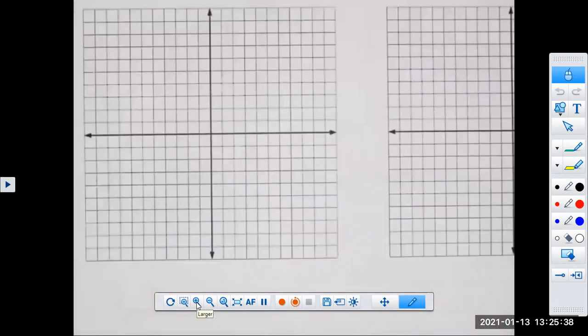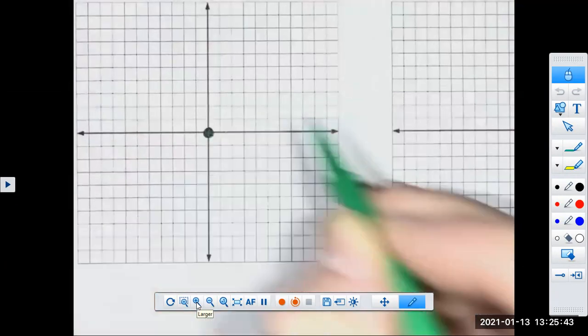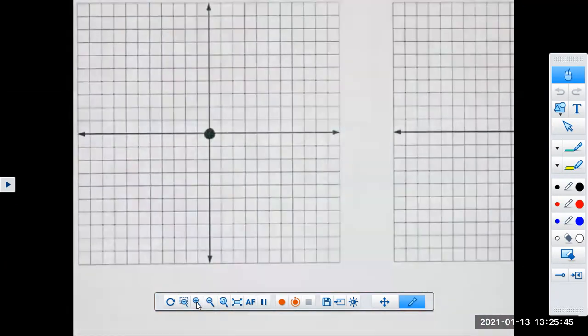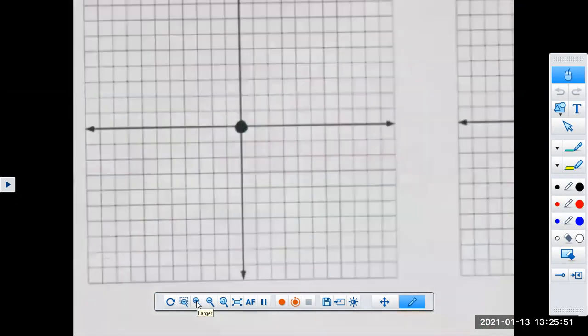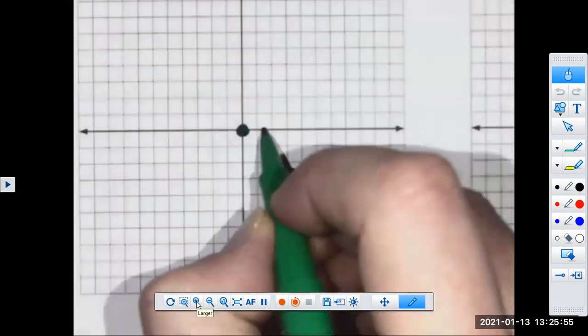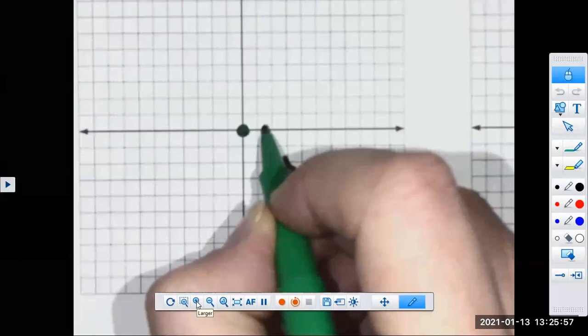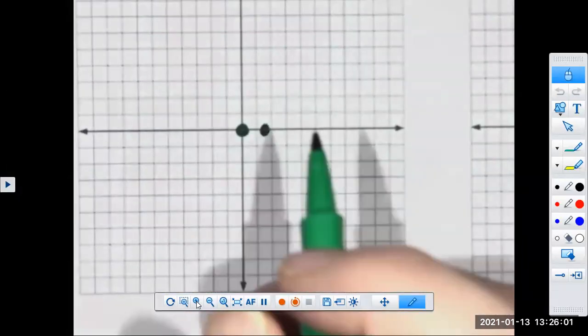Okay, plot all of your points. It's crossing here at 0, 0. You've got an x-intercept of 1.5. And at -2.